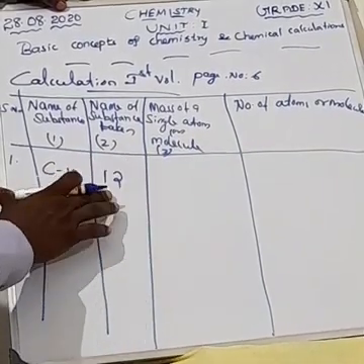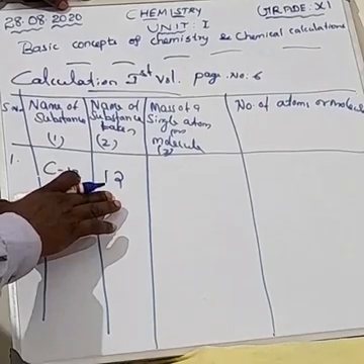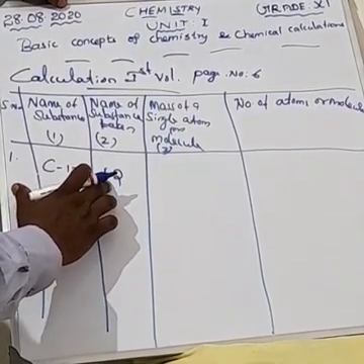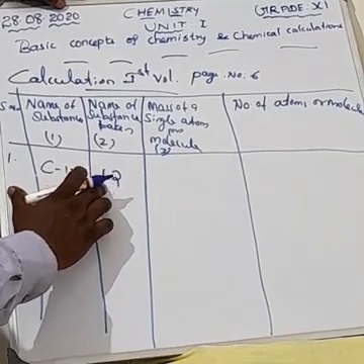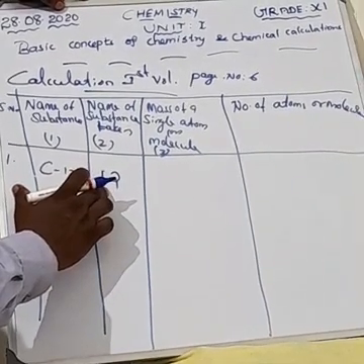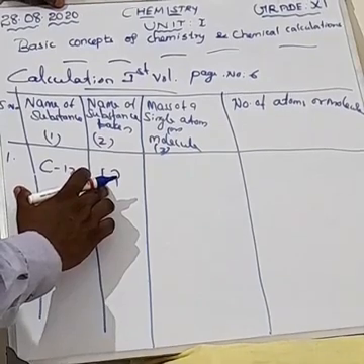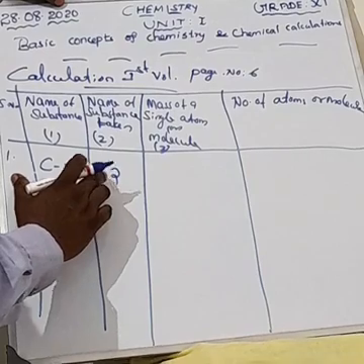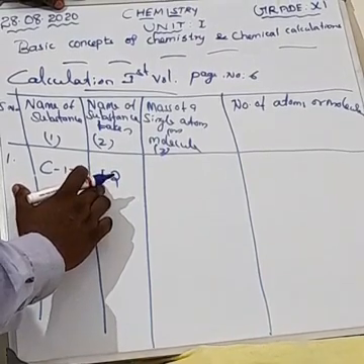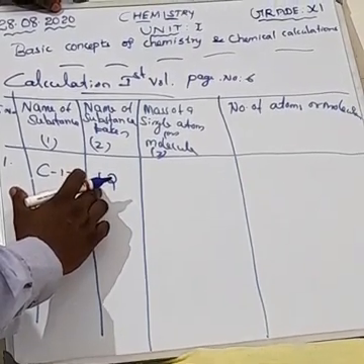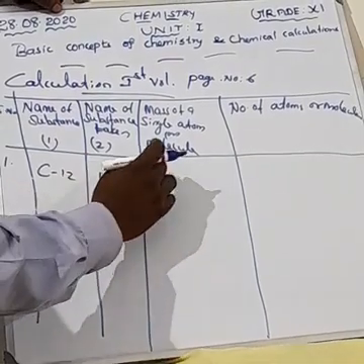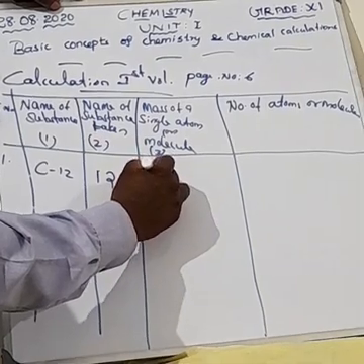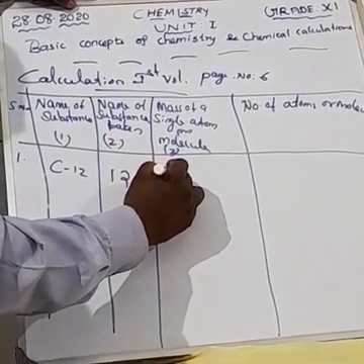Very good, 12. Next one, this is divided by 6.023 into 10 raised to 23. So what's the value? As per the textbook, the approximate value is 1.9926.